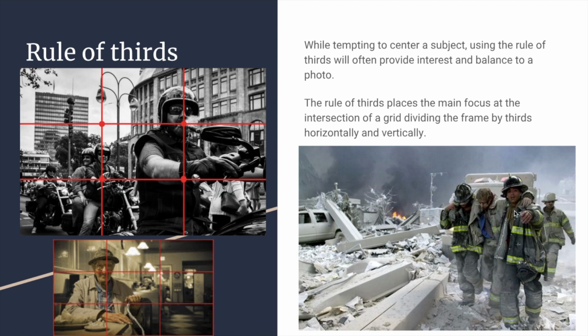But in this photograph, while these faces certainly are emotional and could be their own photograph, by zooming out and giving a larger frame, we see the devastation of the attack, and that gives the photo even more context. And placing them on this right third of the photograph, where the subject matter is at this intersection, really increases the balance and the effect of the storytelling of the photo.